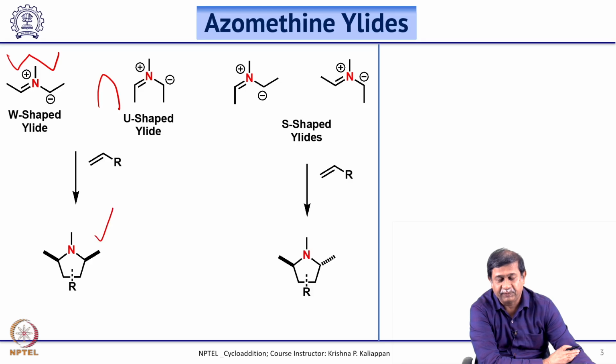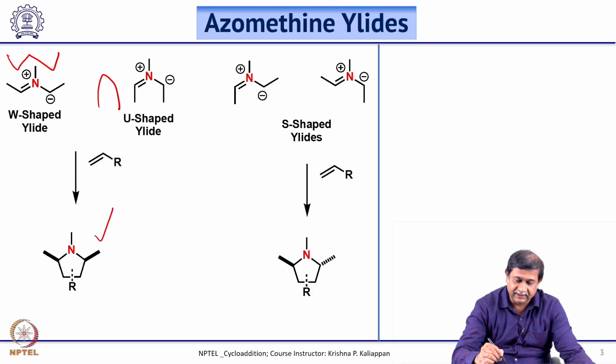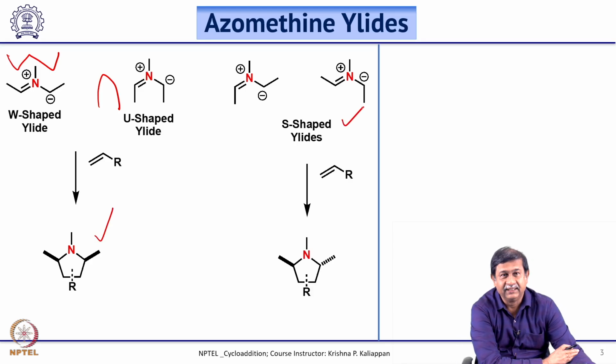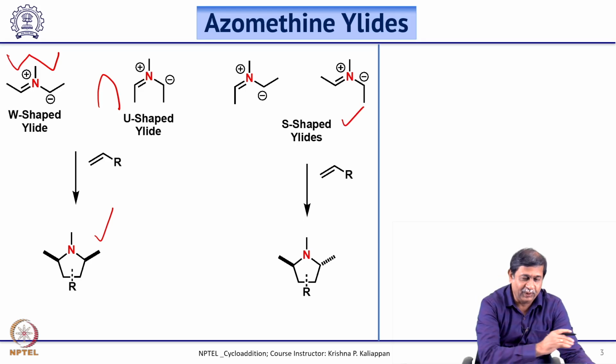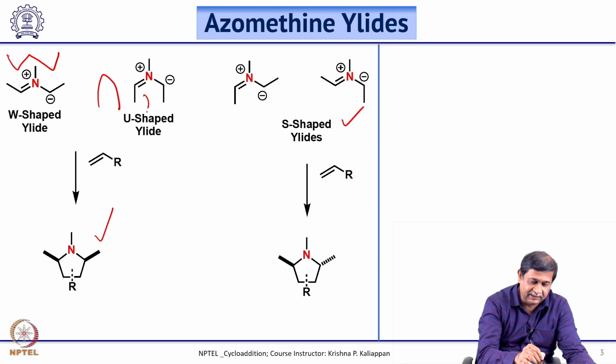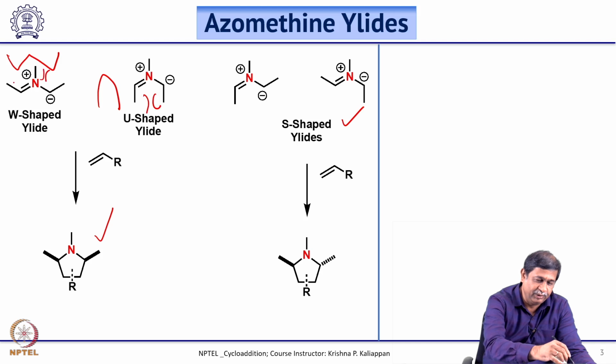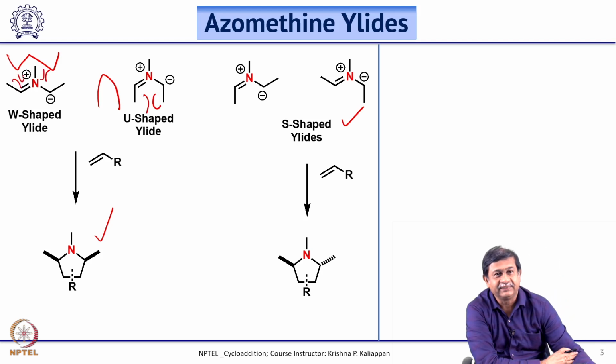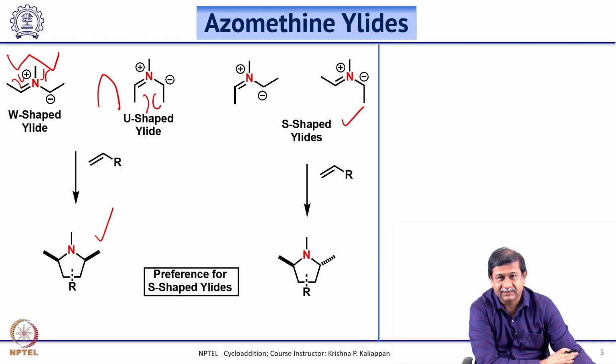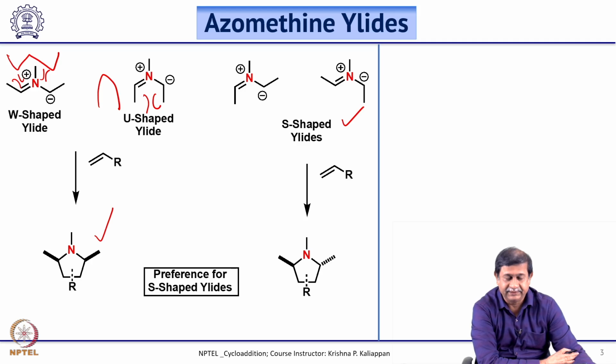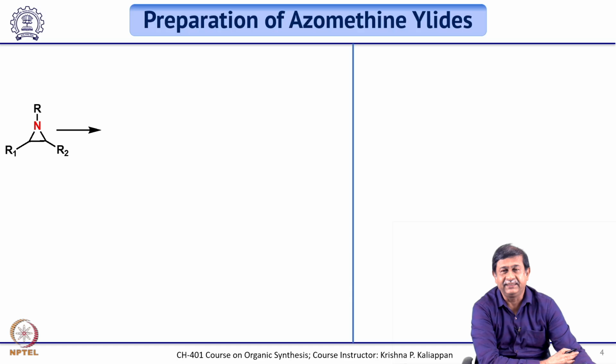From the steric point of view, the S-shaped ylide is more stable than both U and W. In U you can see there is a steric repulsion between these 2 alkyl groups, and likewise in W you also have the steric repulsion. So because of which the S-shaped ylide is more preferred while forming the azomethine ylide.